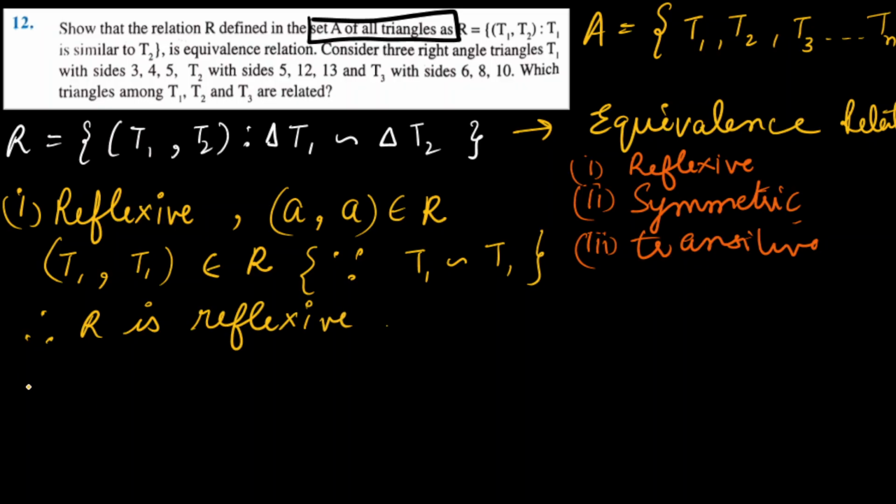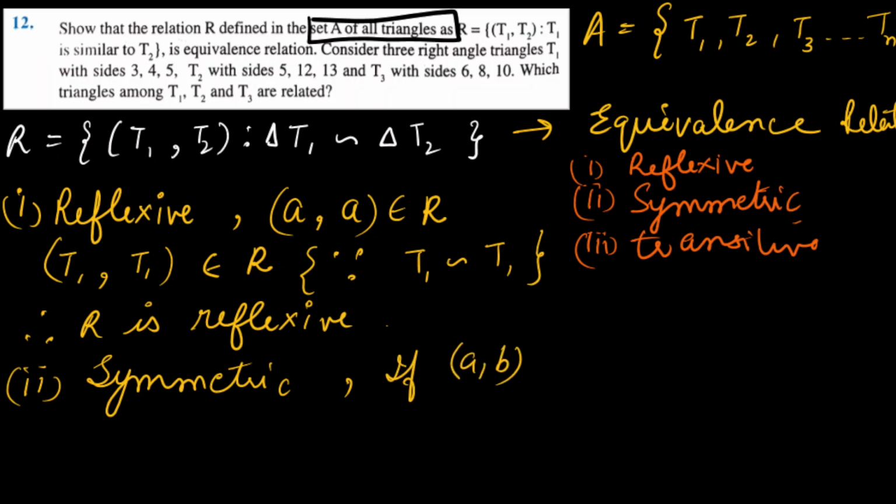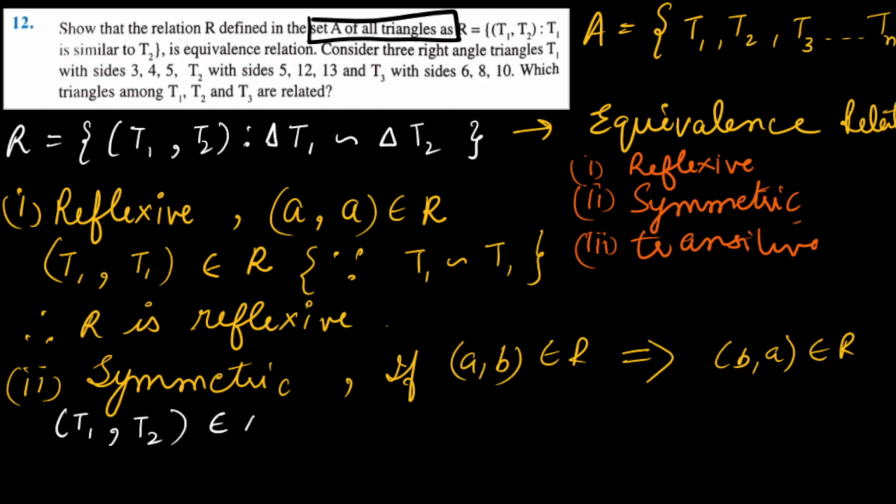Now symmetric, we have to prove. So for symmetric, again we'll go to its definition. The definition says if (a, b) belongs to R, it implies that (b, a) should also belong to R. So first of all, we'll take one ordered pair (T1, T2) and assume that this belongs to R. What does it mean?